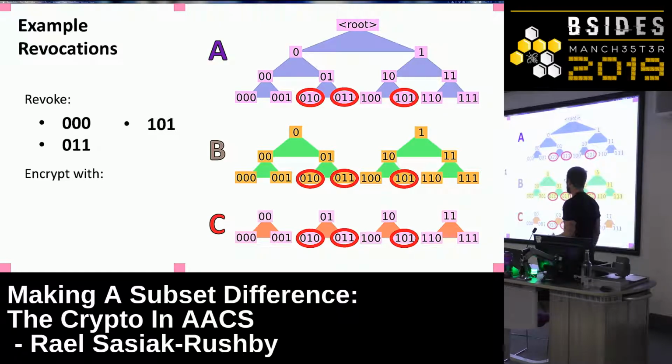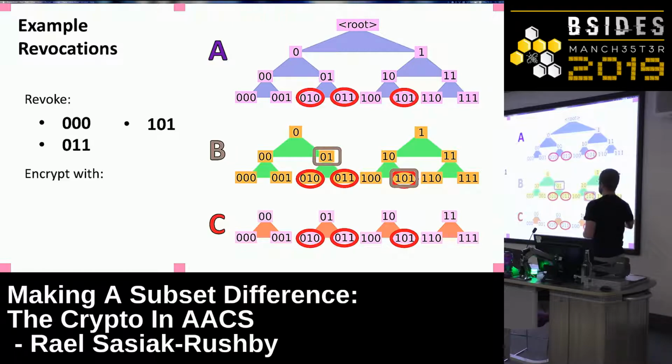And just another one for good luck. You can see here that we can actually revoke these two here, and with that we have efficiently revoked only the ones that we needed, and we've only done it in two encryptions, but we've revoked 3 different systems at this point.